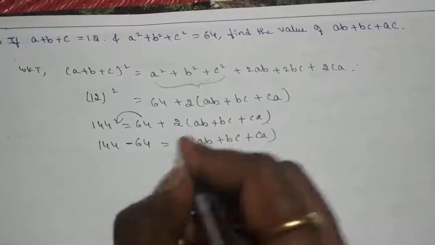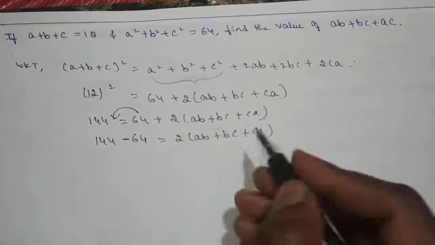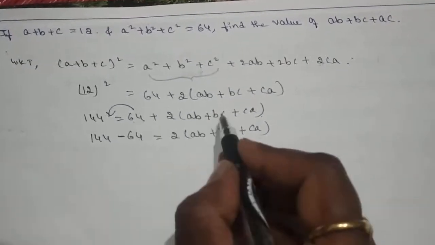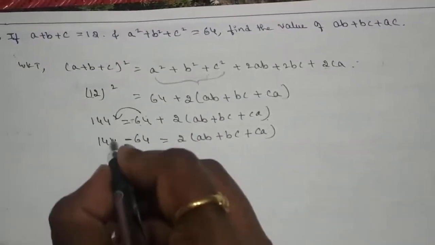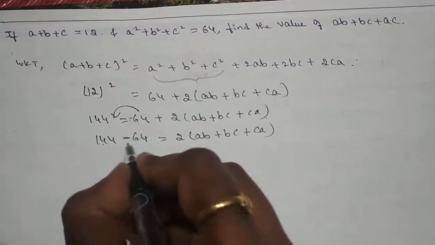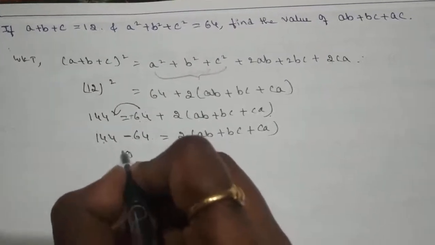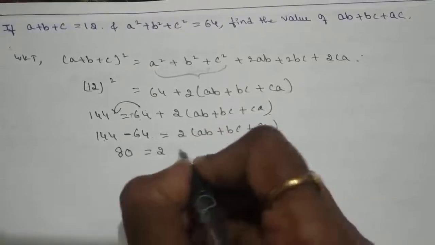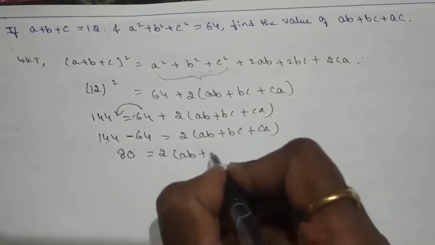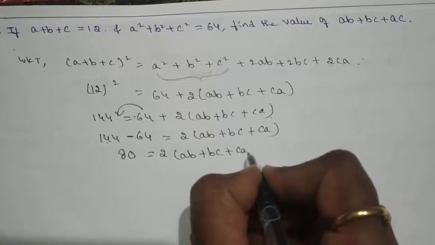We should see the constant with the variable, how they are related. This 64 with the variable is related with the plus. So first you transpose that. So 144 minus 64. Then 80 equal to 2 into (ab plus bc plus ca).